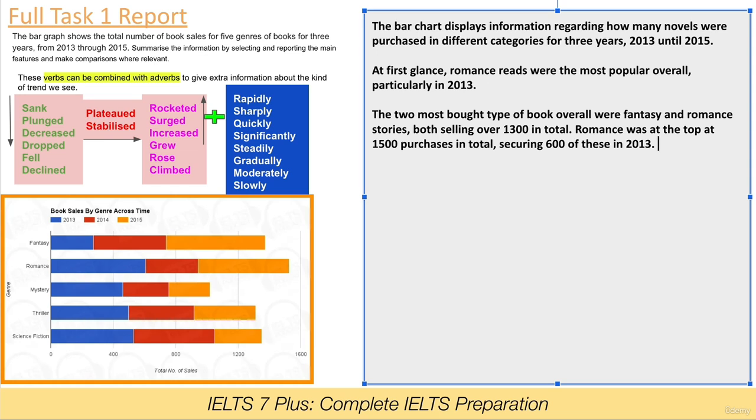Okay, now we can talk about perhaps fantasy and how this grew in popularity over the years. So fantasy took in, I'd say, nearly 1,400.